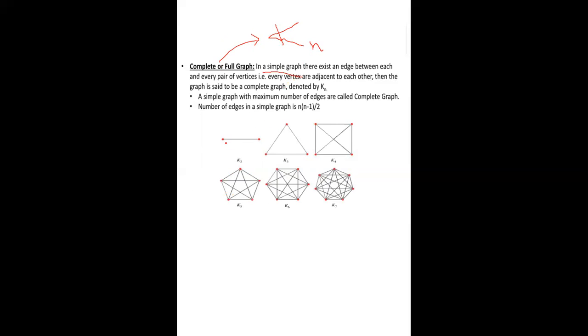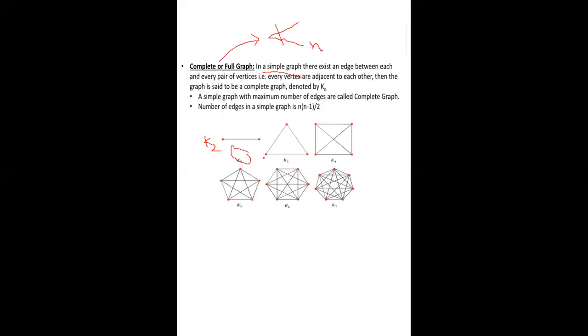Let's suppose there are two vertices, then we say it is K2. K2 means there are two vertices and both are adjacent to each other, then it is a complete graph. Next is K3.